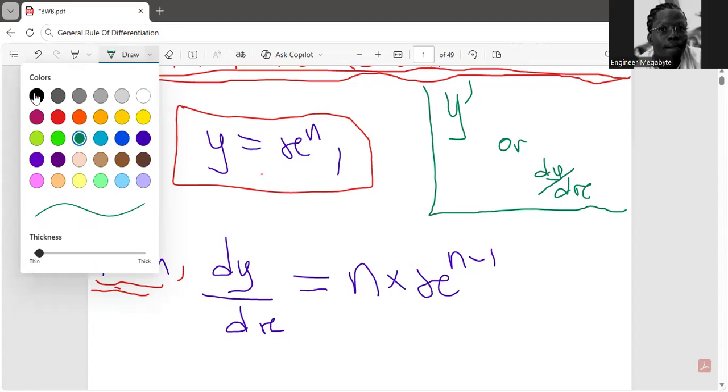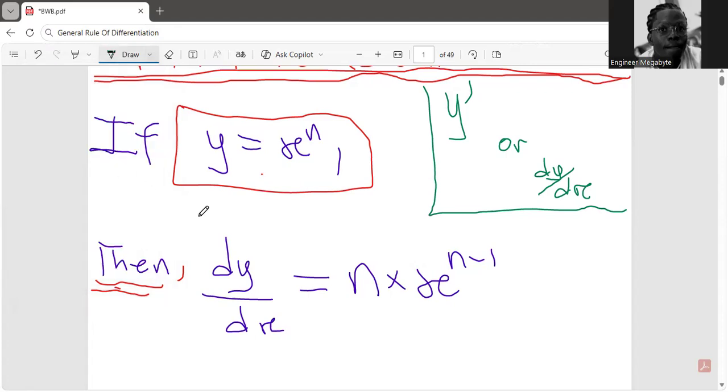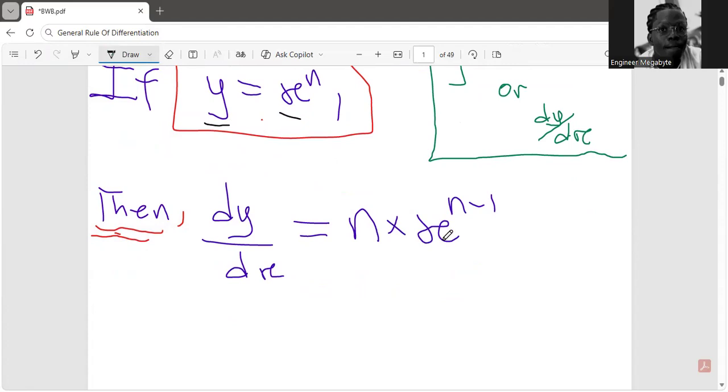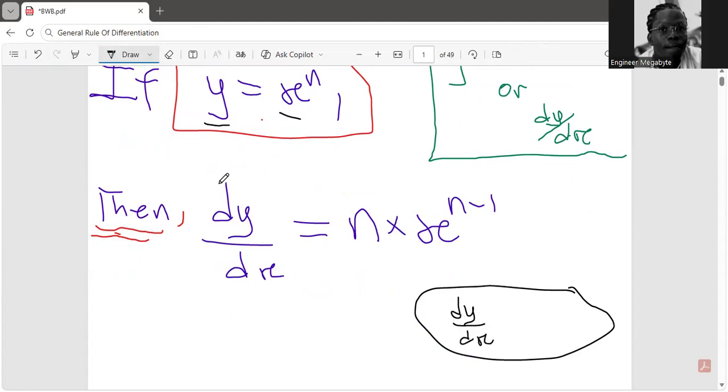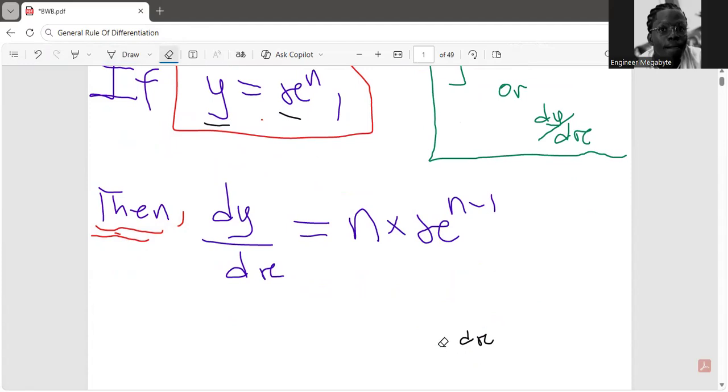Someone just asked me, why are we saying dy dx? We are saying dy dx because the variables we can see actively are y and x. Since it's y we saw first, first of all, we have to write dy over dx. Then we can now just differentiate and we are good to go.